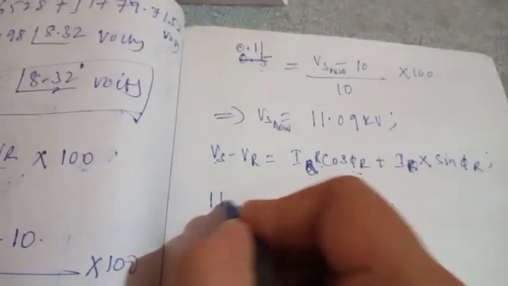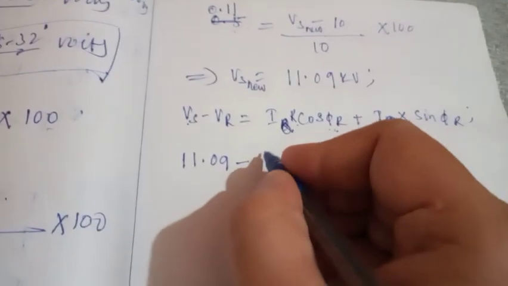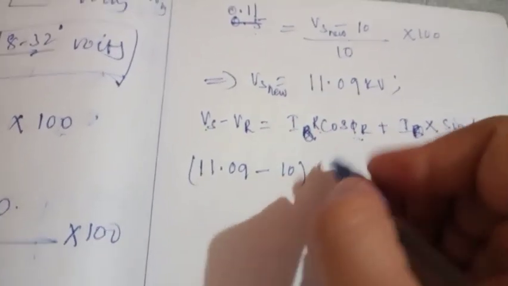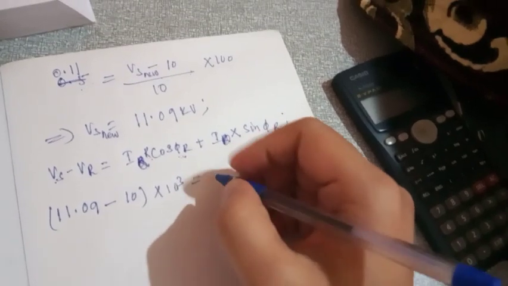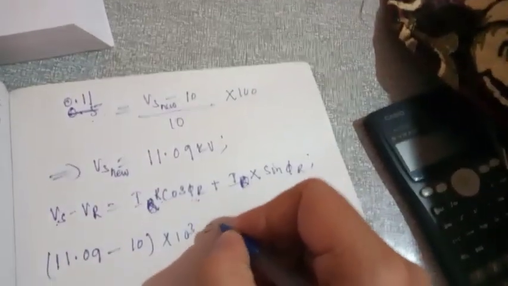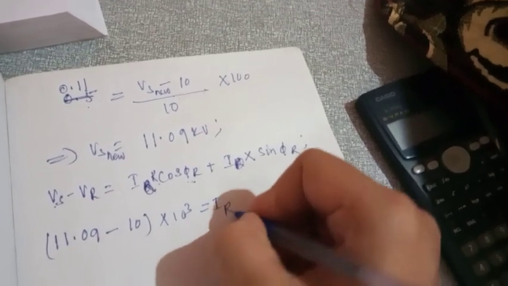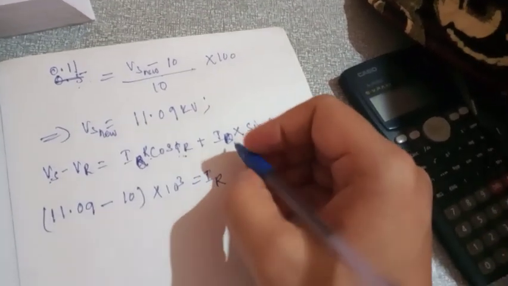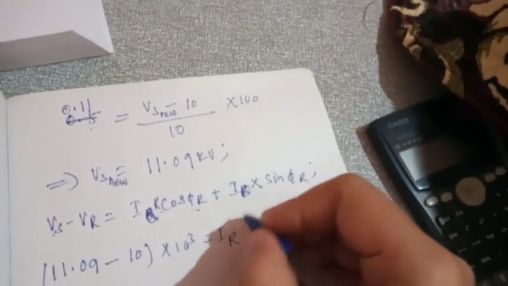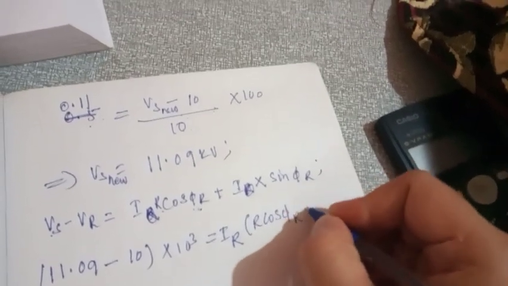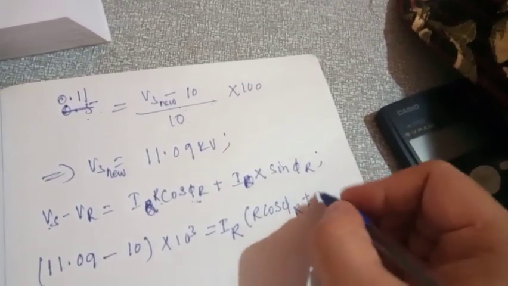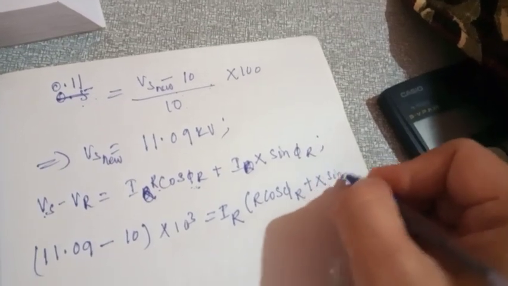So now what is the new sending end voltage? 11.09 kV minus the receiving end voltage, 10 kV only, into 10 to the power of 3, must be equal to IR, the receiving end current, into R cos phi R plus X sin phi R. Can I write like this?